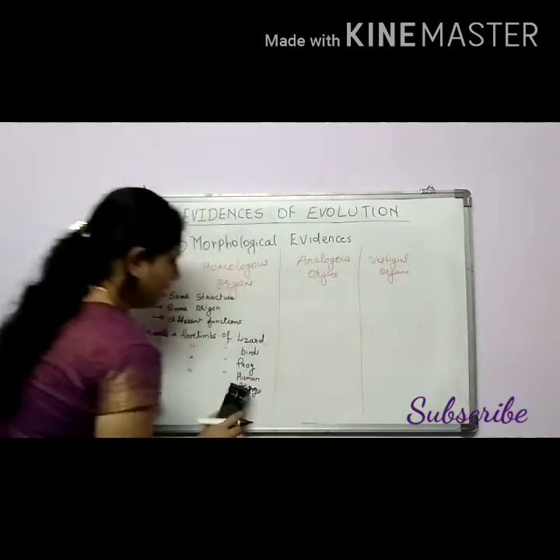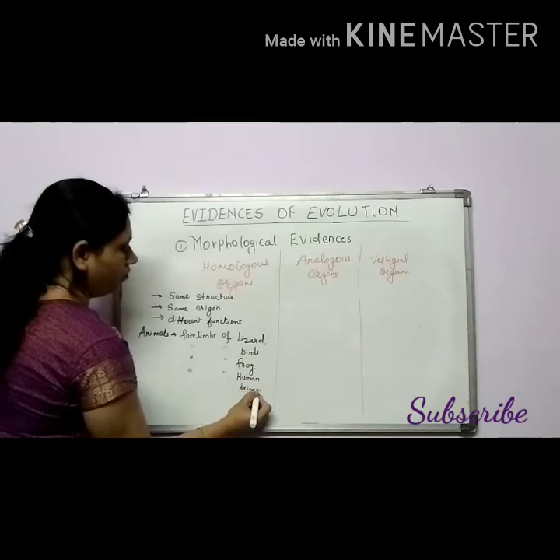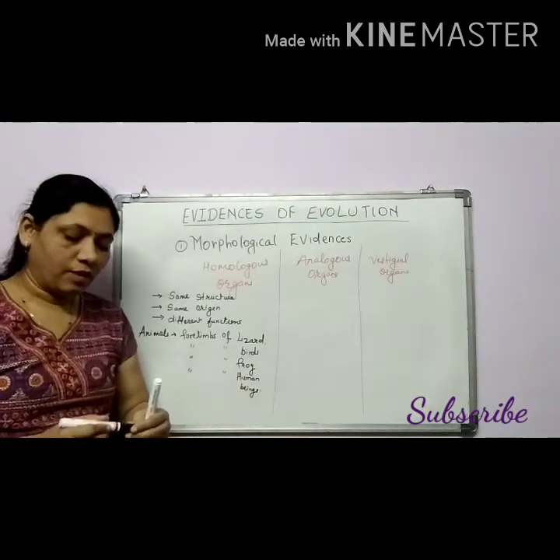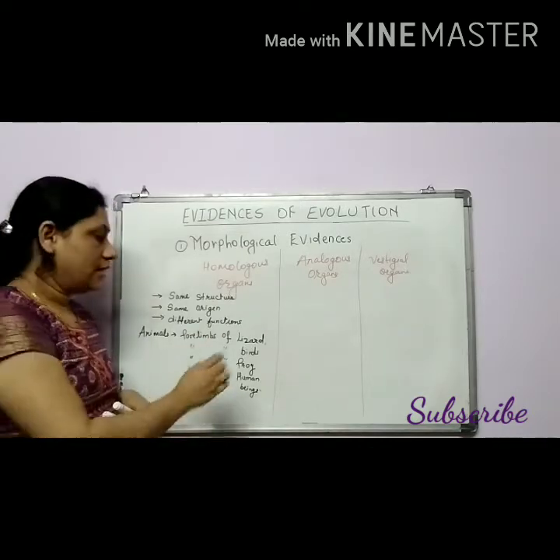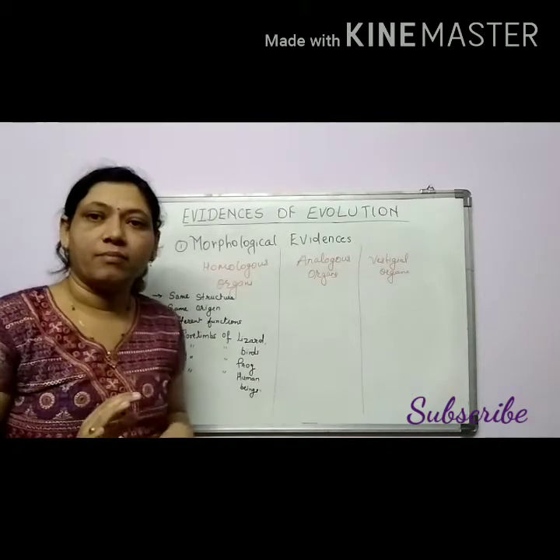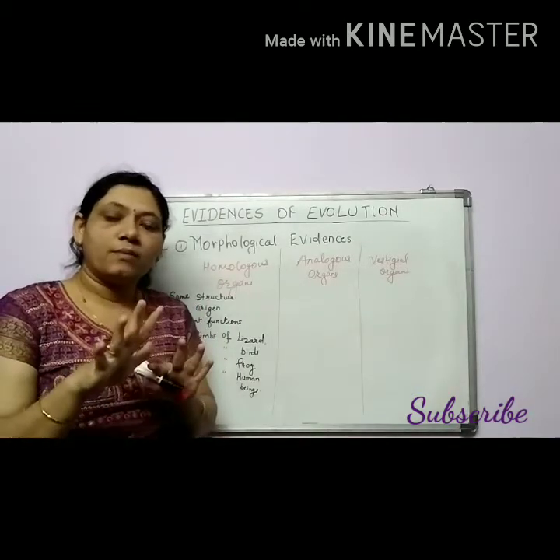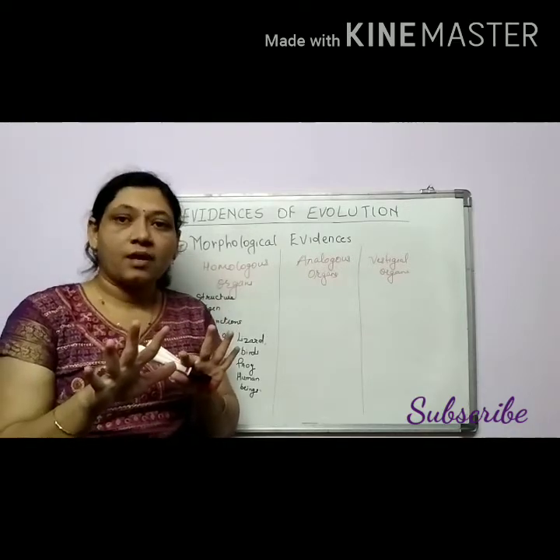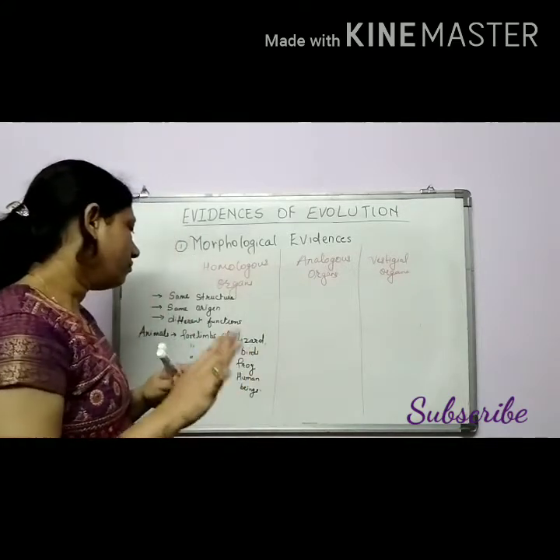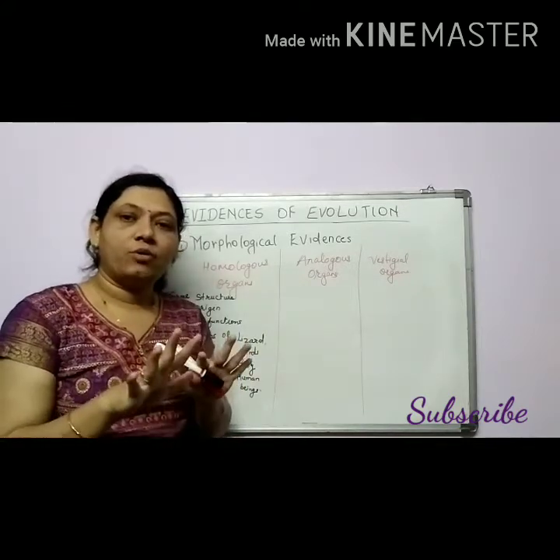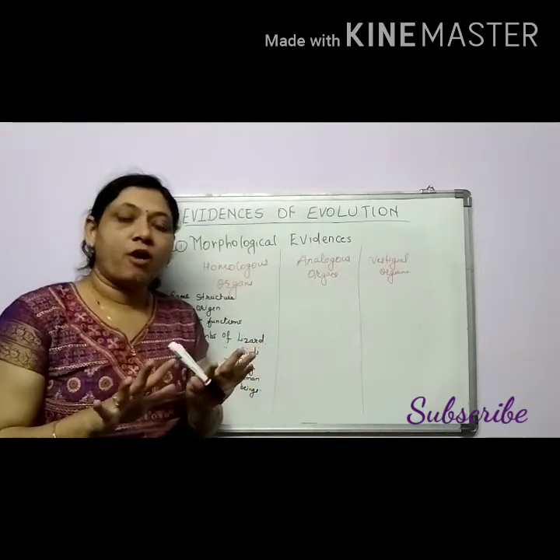They perform different functions. We know that they perform different functions, but their structure is the same. How come? See, we can observe the forelimbs of frog. They are also like this, and the forelimbs of birds. We know that it has this type of structure, but they perform different functions.